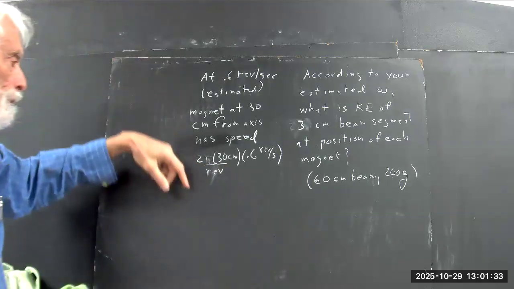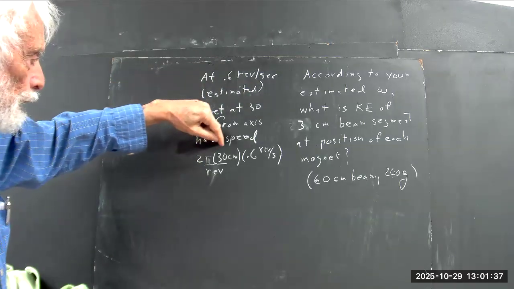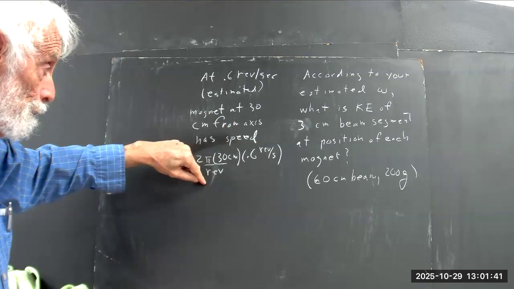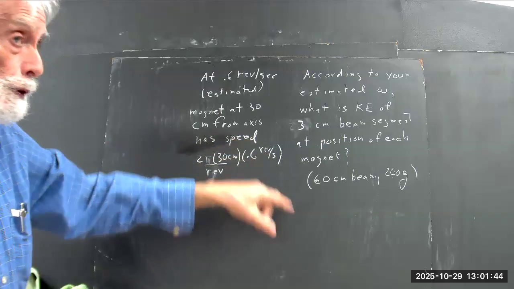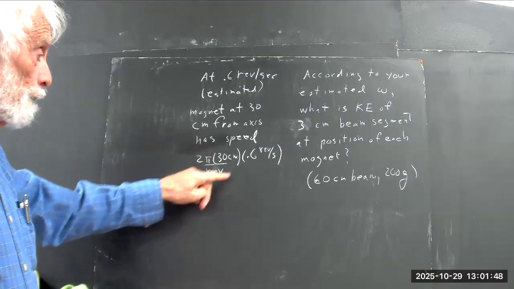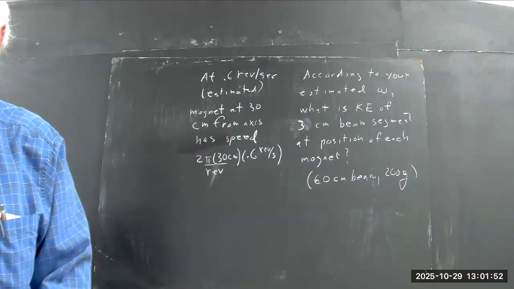With units, I'm going to say that at 30 centimeters from the axis, the speed is 2 pi times 30 centimeters per revolution times 0.6 revolutions per second. That's the circumference per revolution. That's how far it moves per revolution. Why do we use that? Okay.